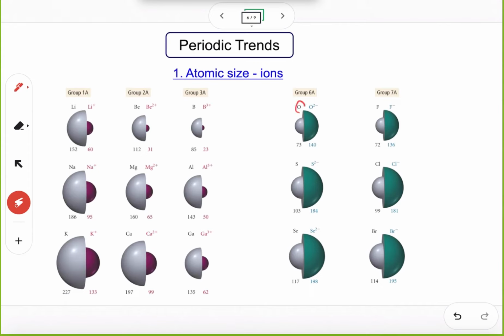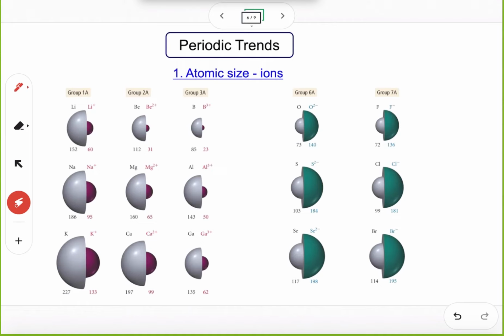For instance, oxygen gets 2 electrons to become O2 minus. Sulfur gets 2 electrons to become S2 minus. And when you gain electrons, the size will increase. Therefore, an anion is larger than its neutral atom. As you can see, 140 is larger than 73, because you're getting more electrons. All right, rule number one is quite straightforward.